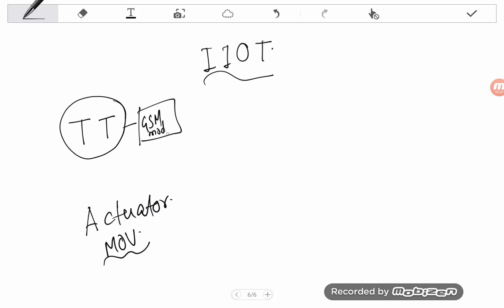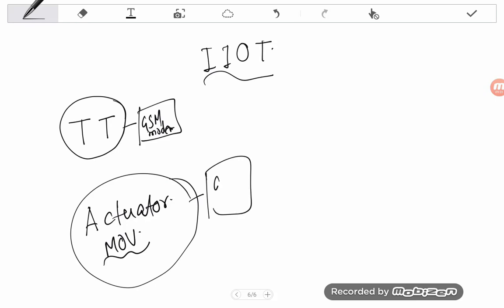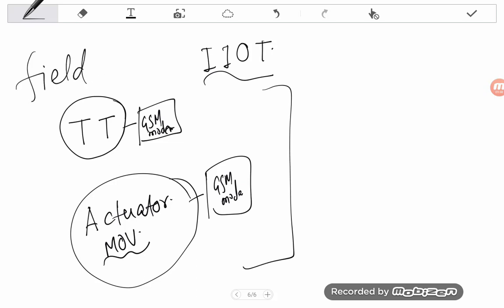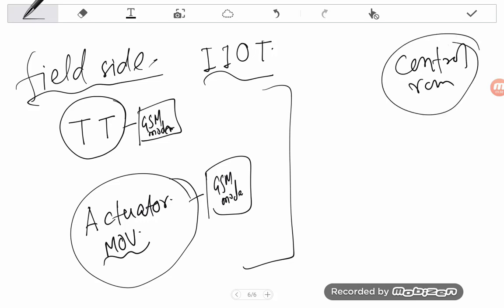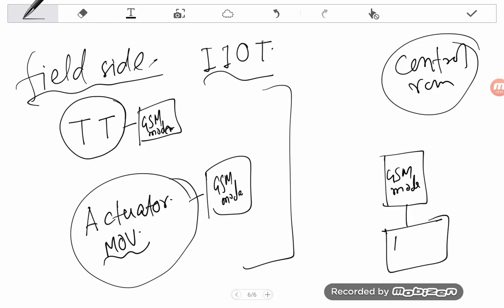The actuator is also connected to a GSM modem, and these are field side. So this is the control room. Inside the control room, there is one more GSM modem which is connected to a controller. Let us consider this controller as Arduino Uno.